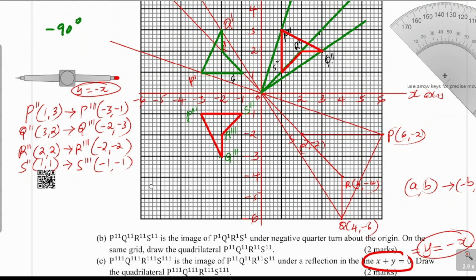So when you look at the first and the second, this quadrilateral here and this one, so P1, Q1, R1, S1, and P2, Q2, R2, S2, these two, if you want to join them, you can do it by simply sliding them.